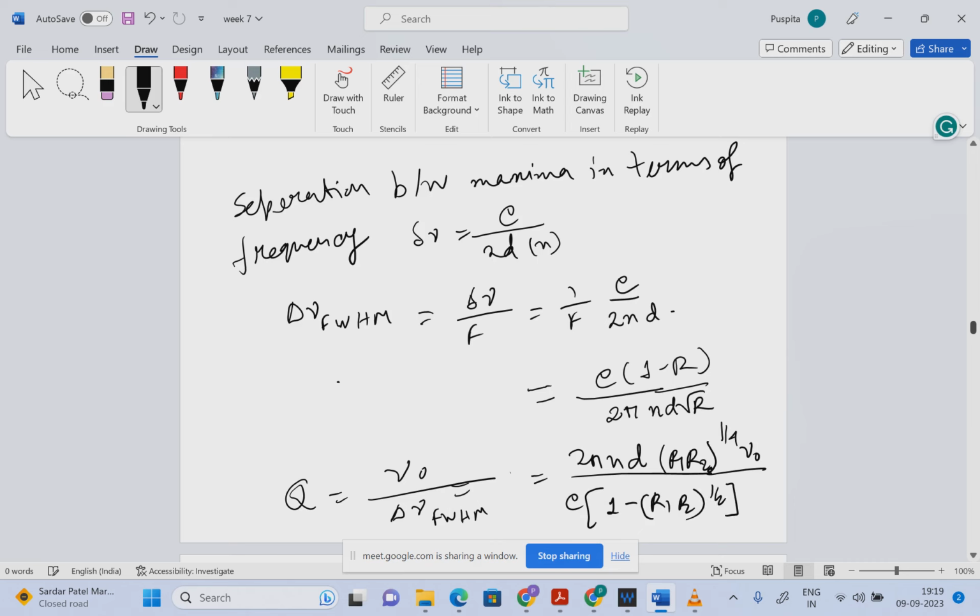Okay, here R is written as root of R1 R2.